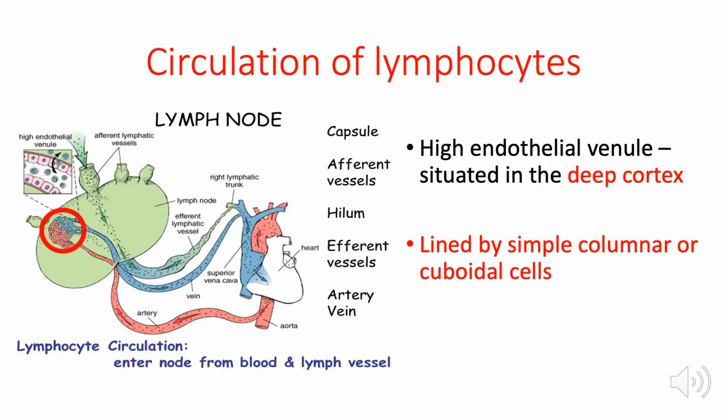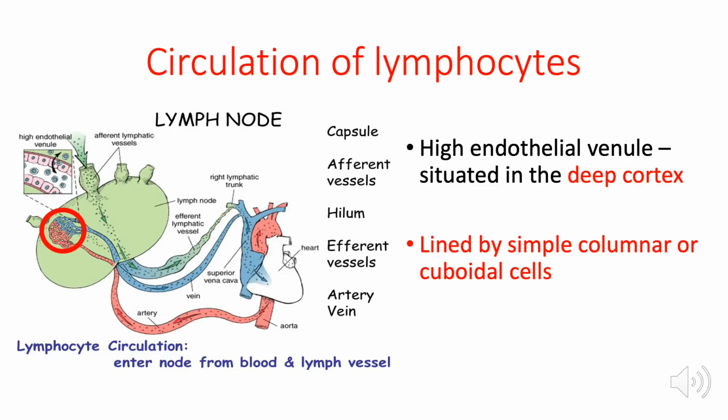You have learned a while ago that lymphocytes can enter the lymph nodes via two means. Number one, via the afferent lymphatic vessels present on the convex side of the lymph nodes. And number two, via the high endothelial venules. And since at this point you can already identify the regions of the lymph nodes, it's now time to identify the location of the high endothelial venules.